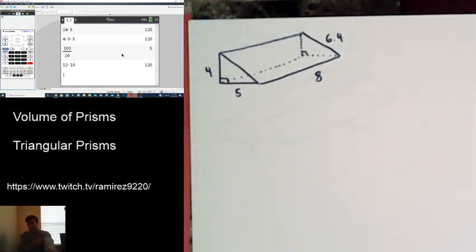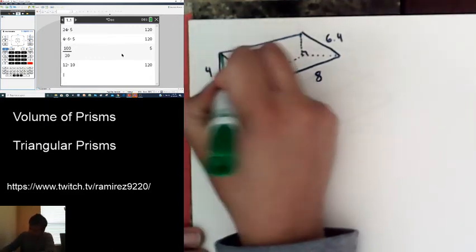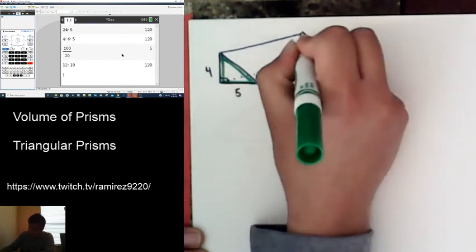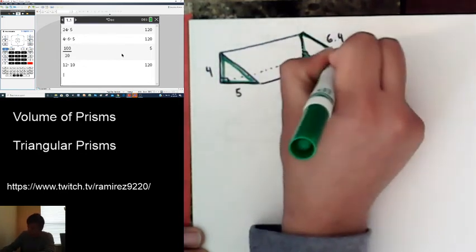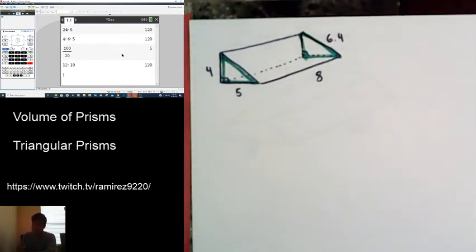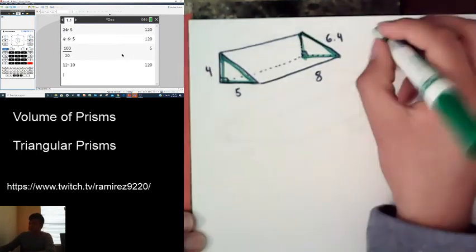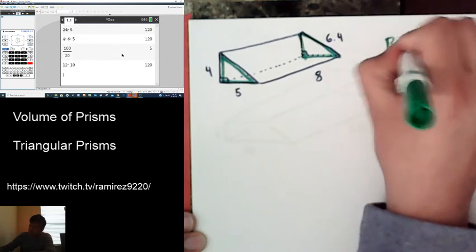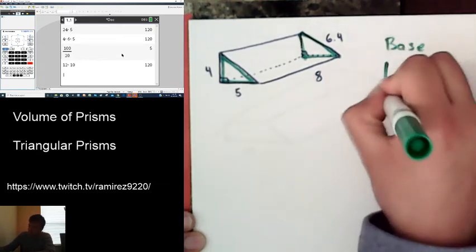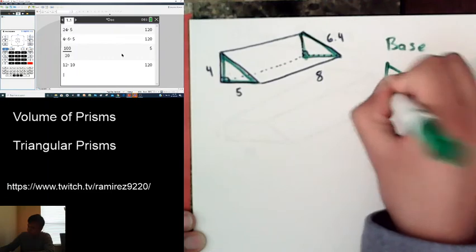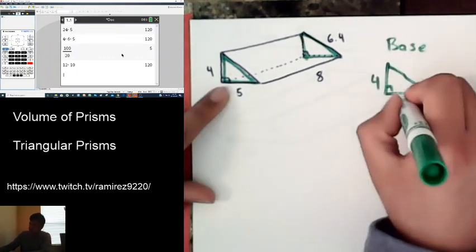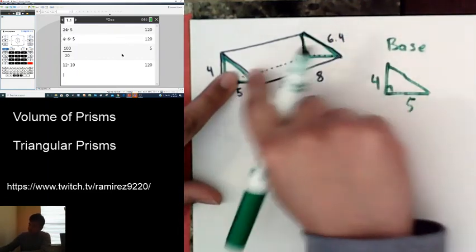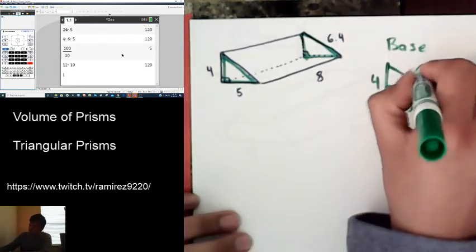Draw it on a piece of paper, sorry, and identify the base. So yeah, these are our bases. I would like for you now to find the area of this base. In our base, we have this nice triangle right here, where we know this is 4, this is 5, and my hypotenuse is 6.4.